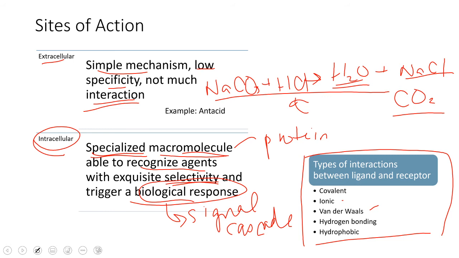Usually it's not the initial interaction. Usually the other ones like covalent, ionic, hydrogen, or hydrophobic bonds are the main ones, and then van der Waals happens as an afterthought. Hydrogen bonding is very, very important in biology. There's hydrogen bonding in like DNA. There's hydrogen bonding in many, many proteins. So this is a very prominent one.